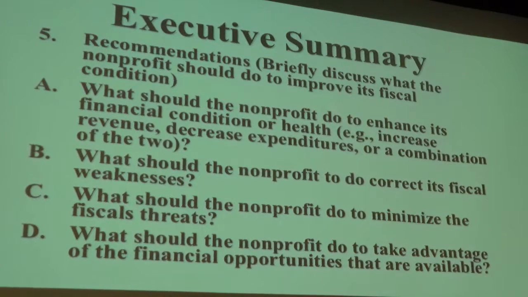That could also be scaling back or streamlining processes. It could be making sure that the personnel are adequately trained, so you reduce the processing time. So there are things that can be done to decrease fiscal weaknesses or fiscal threats by controlling expenditures on the personnel side, but also on the program and service delivery side.